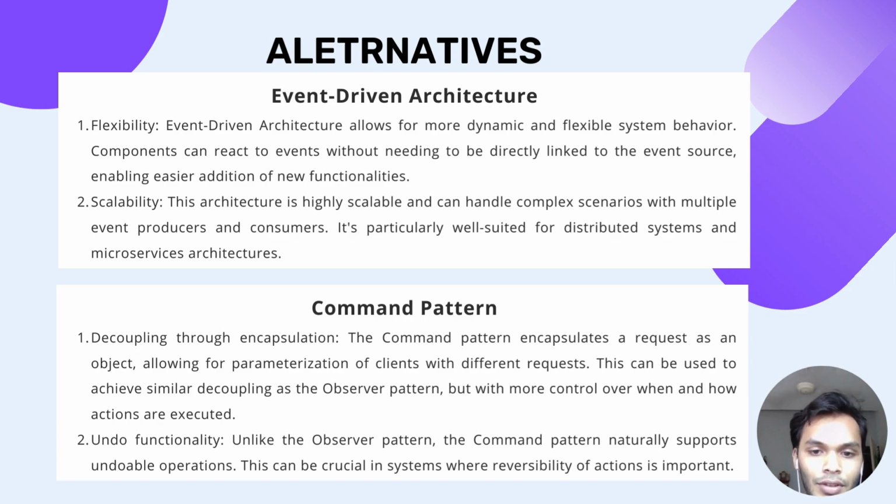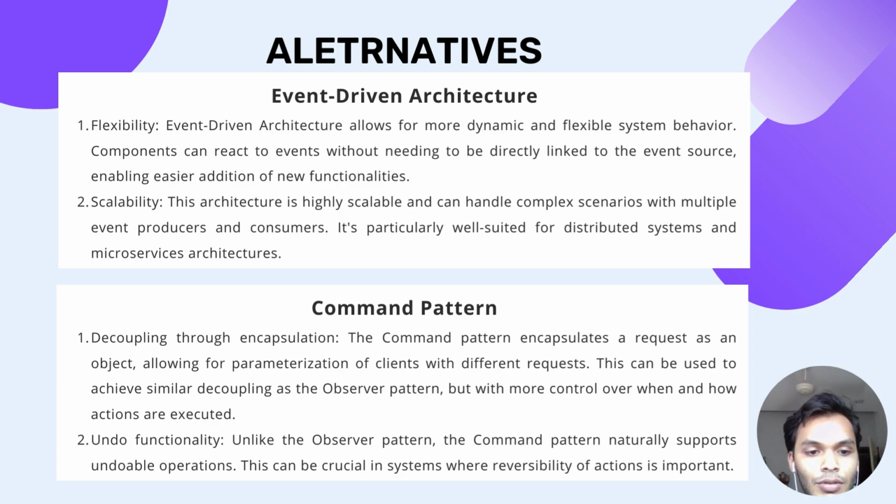And then let's move on to the command pattern. So the command pattern is the second alternative because it can decouple through encapsulation. The command pattern encapsulates a request as an object, allowing the parameterization of clients with different requests.